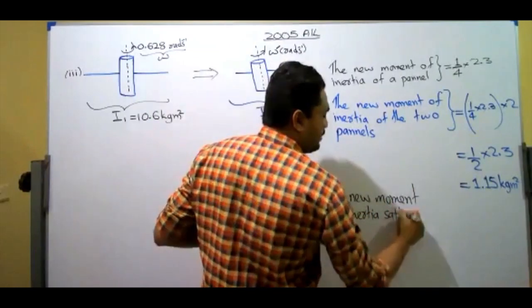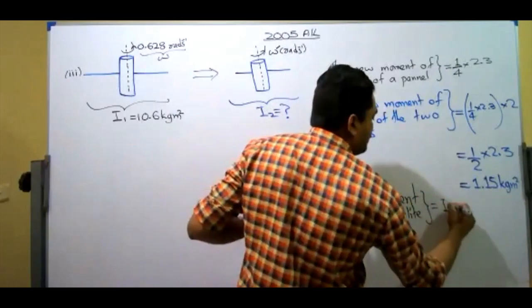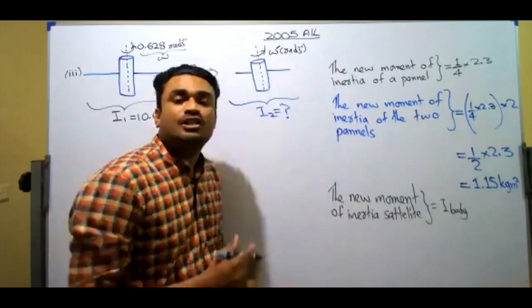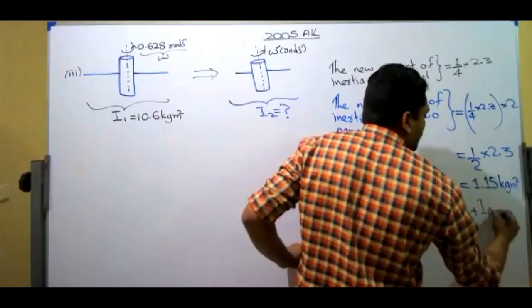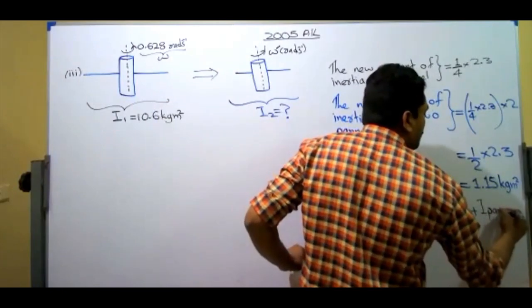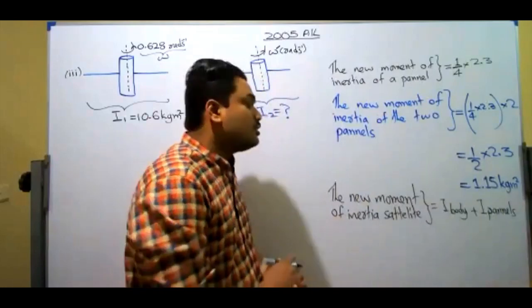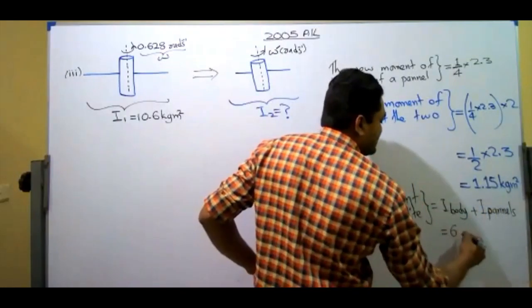The new moment of inertia of the satellite is moment of inertia of the body, which did not change, plus moment of inertia of the panels. I use the plural word, panels, 2 panels. So moment of inertia of the body remains unchanged as 6.